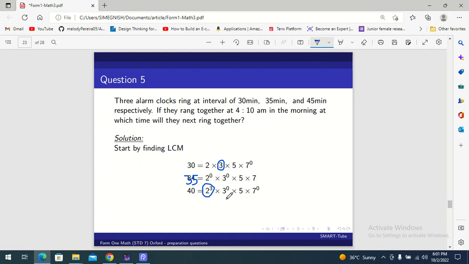For 5, everything is equal, so we take this one. And for 7, we have 0, 1, and 0, so we take the 1. The product of these is the LCM of these 3 numbers.